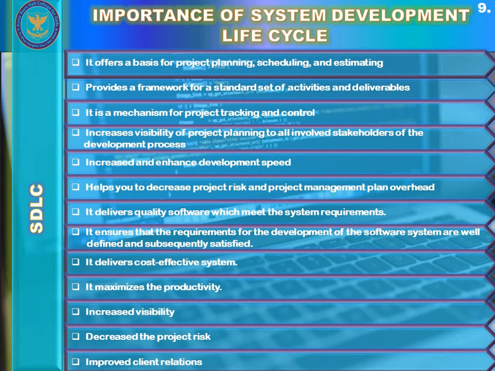So without using an exact life cycle model for software or system development, the development of a software product would not be in a systematic and disciplined manner. You can relate it to your daily life.